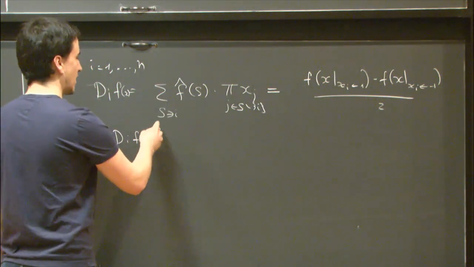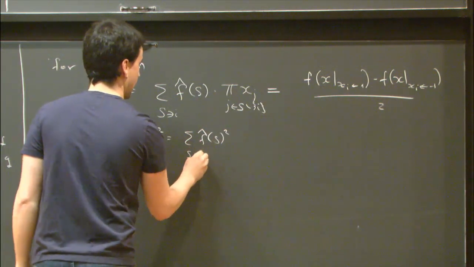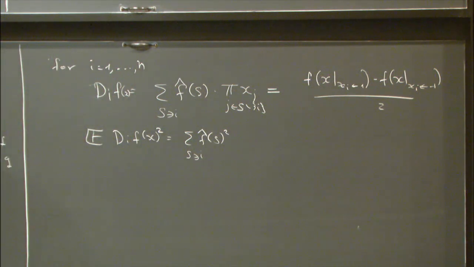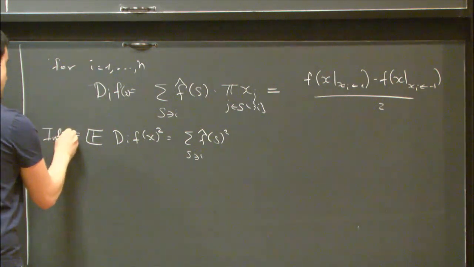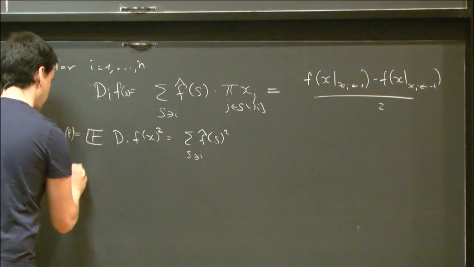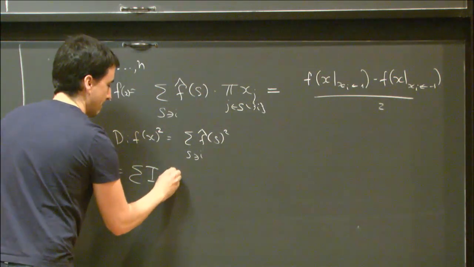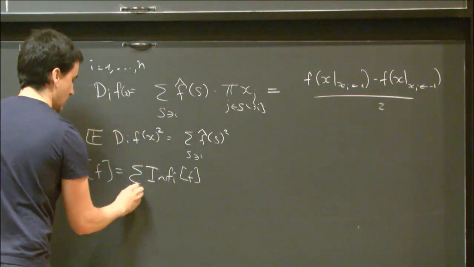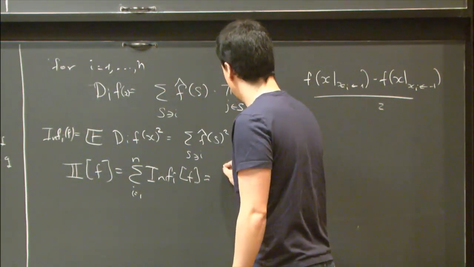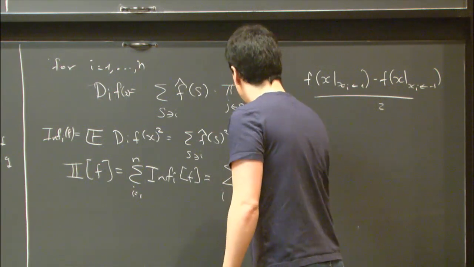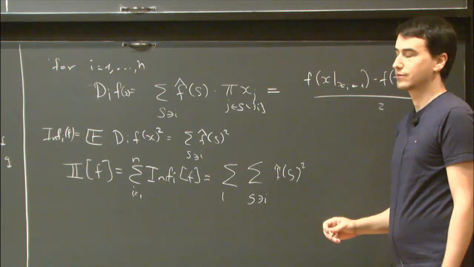So this is, again, by Parseval. What does this equal? It's the sum of squares. Right? And now, this is called the ith influence, and if I take the sum of them, this is simply the sum over i, sum over S containing i, of this thing, right?